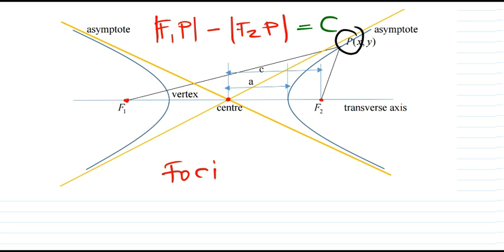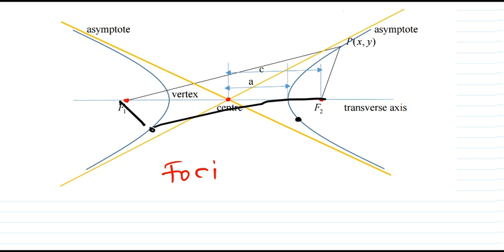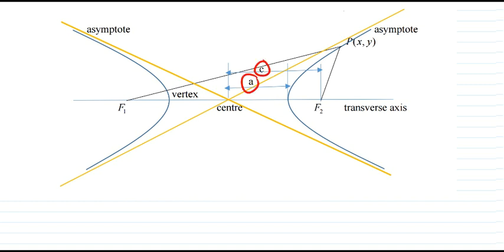So it doesn't matter if you get another point on the hyperbola and again measure the distance to f1 and whatnot, you find that you're always going to be getting a constant there. That's very key and basic for you to understand. Now in this video I want you to pay attention to the variables a and c.